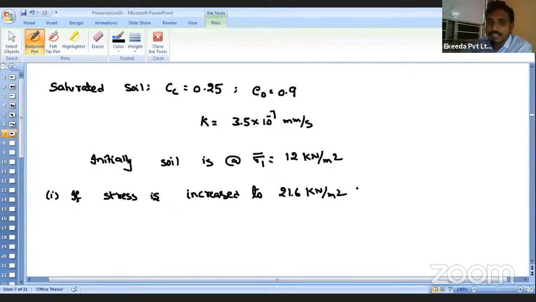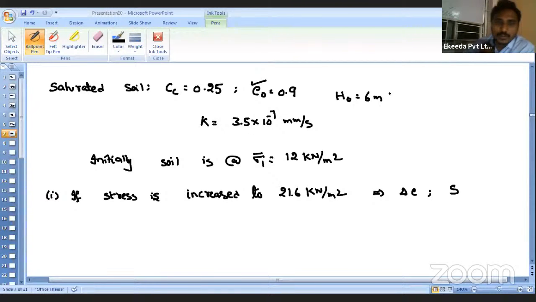Suppose we increase that to 21.6, then we have to find out the change in void ratio, and also the settlement happening in the soil. Here we know the initial void ratio. Did they give any thickness of the soil? No, right? So let us say the soil sample thickness is 6 meter.